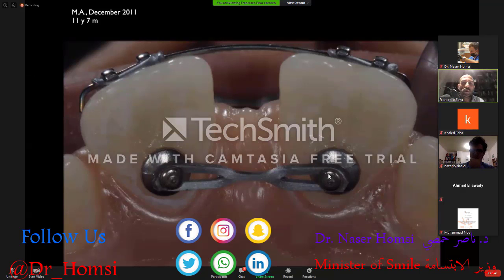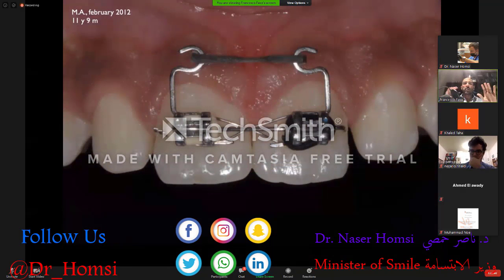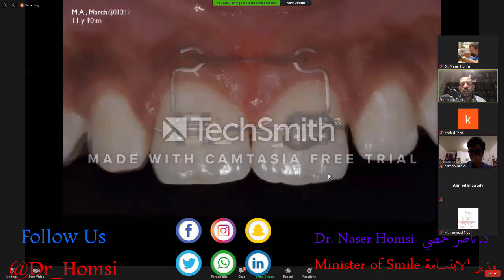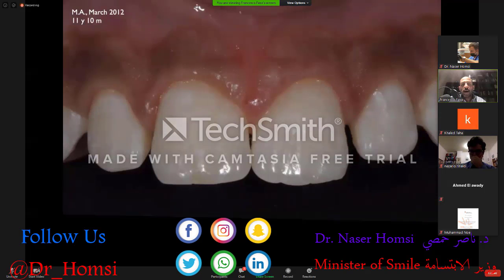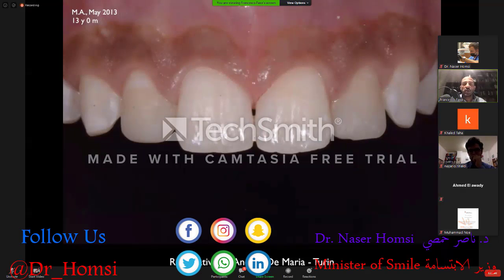We started in December 2011, and the teeth were in contact in February 2012. After that, we decided to remove the braces and to ask the restorative dentist to enlarge the upper lateral incisors. And this is the final result.